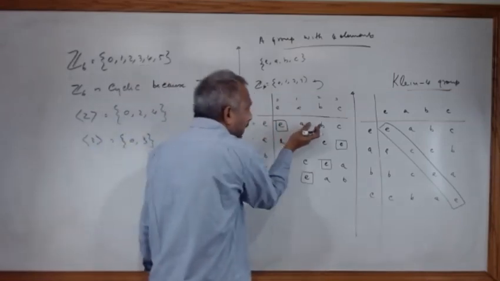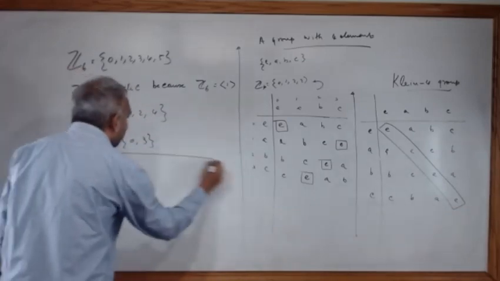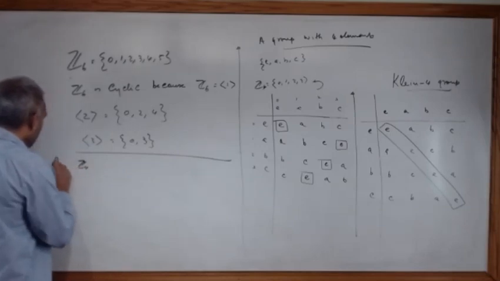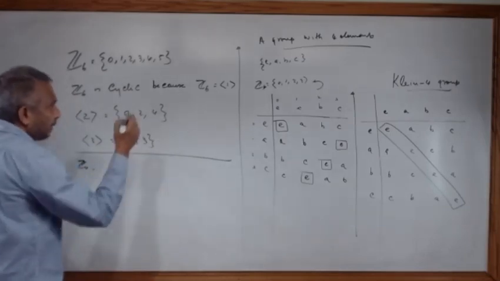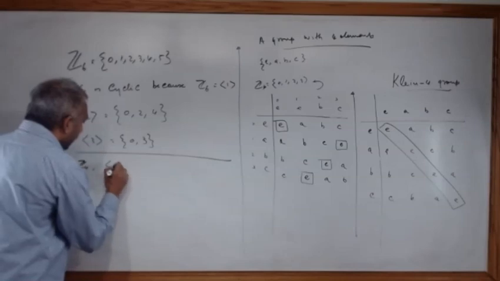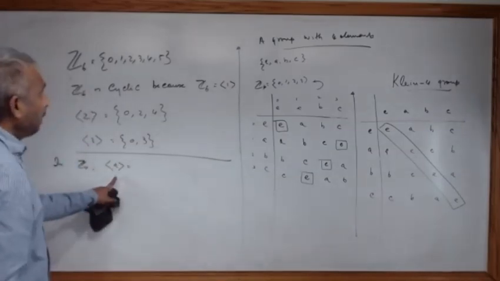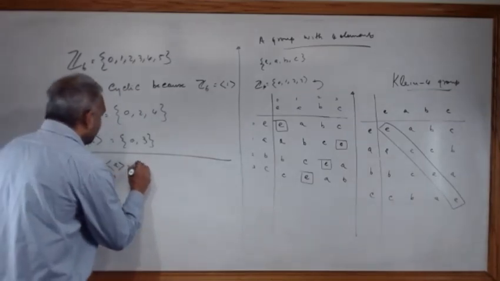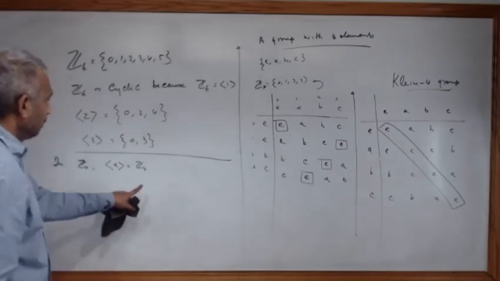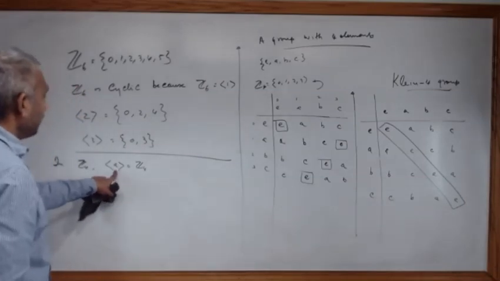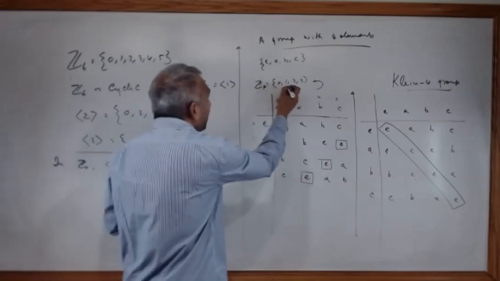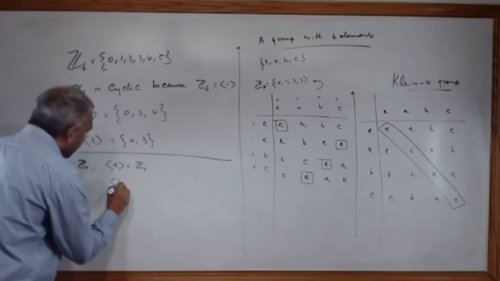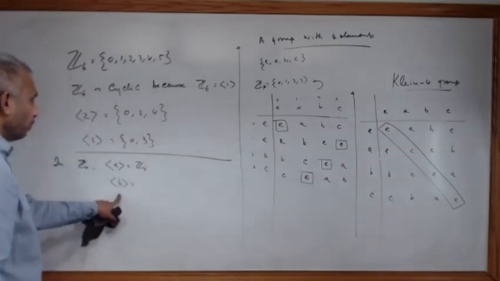All I want to show here is, let us take Z4. In Z4, let us compute the subgroup generated by A. A means here 1, because A is 1, right? 1 can generate the whole Z4. And B is what? This is also a subgroup.